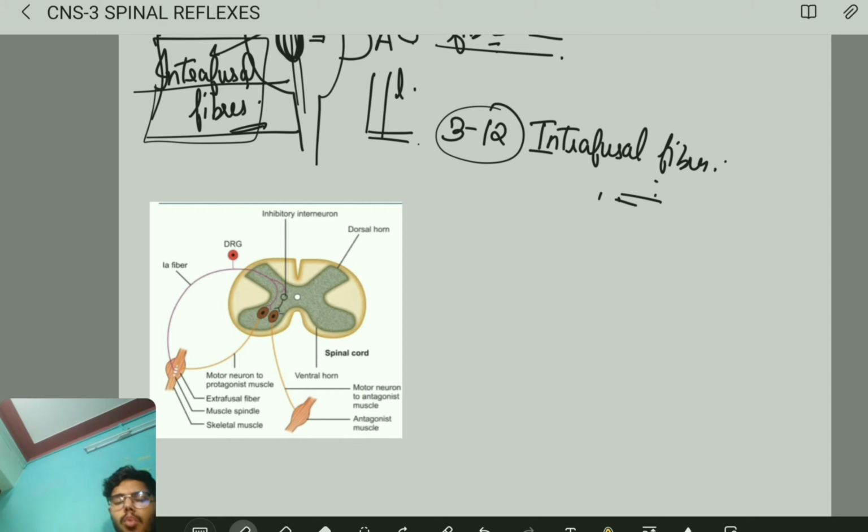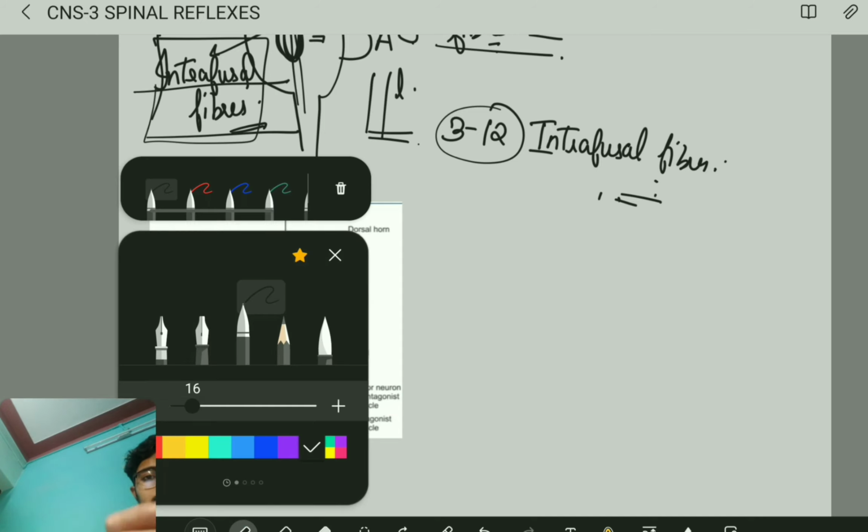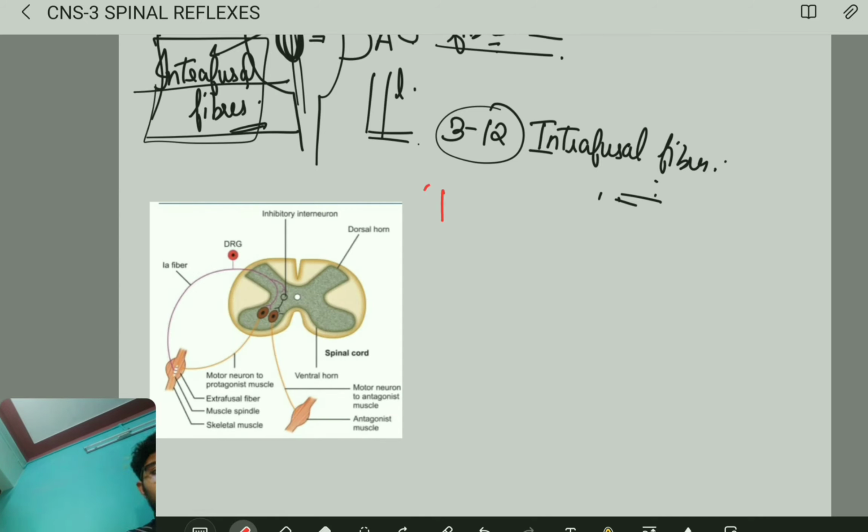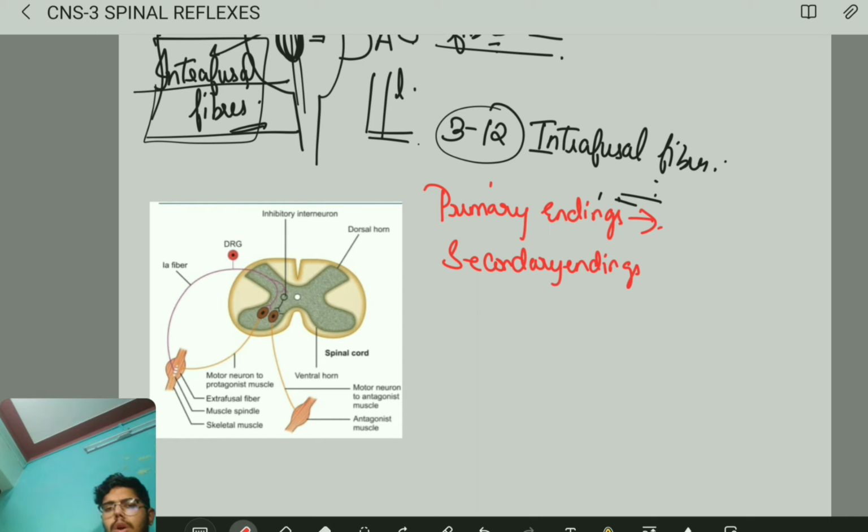Next important thing I want you all to know, listen carefully, is that we have something called primary endings, and then secondary endings. Primary endings mainly contribute to what group of fibers?